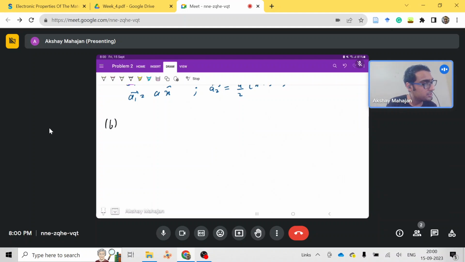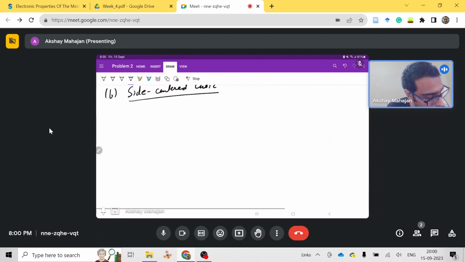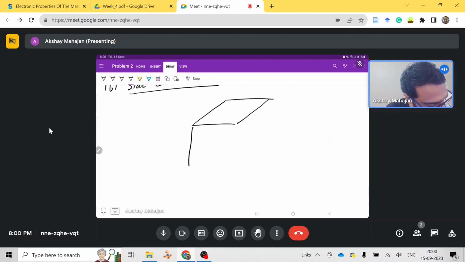So the B part is our side-centered cubic. So how is our side-centered cubic? Let's say I have this cube again. Let me just draw the cube again.